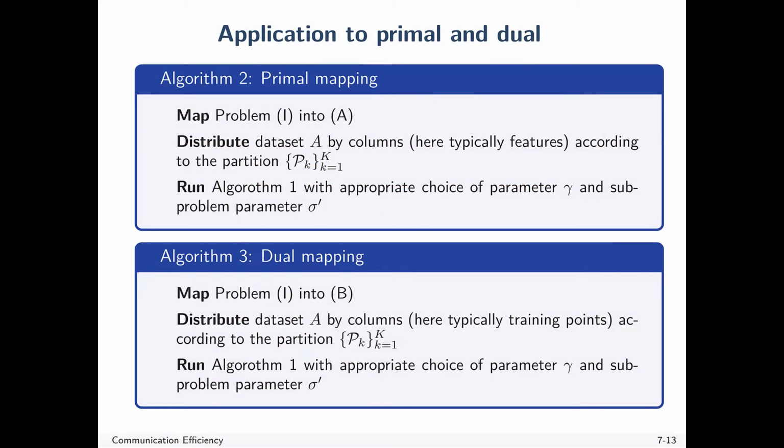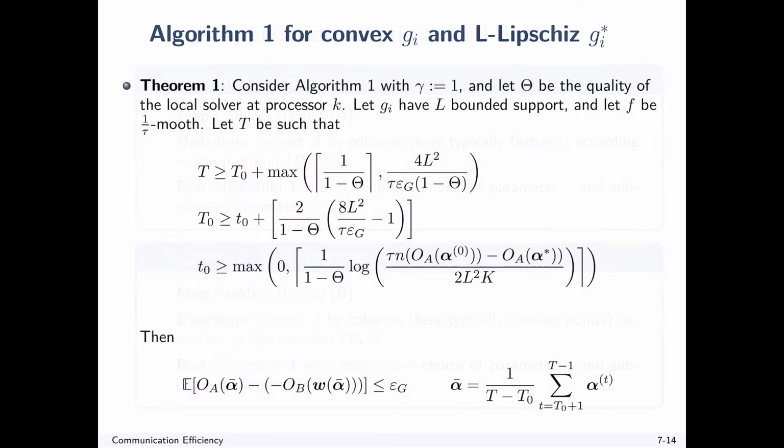Okay, algorithm 2 and 3 are therefore basically the application of algorithm 1 to the two instances of the same problem. And then the final natural question is, do these updates of this algorithm converge? Yes, the answer is not always, of course, but yes, under certain circumstances that are clarified by this theorem. This theorem says that we choose this specific gamma, and let theta be the quality of the local solver that gives the solution.